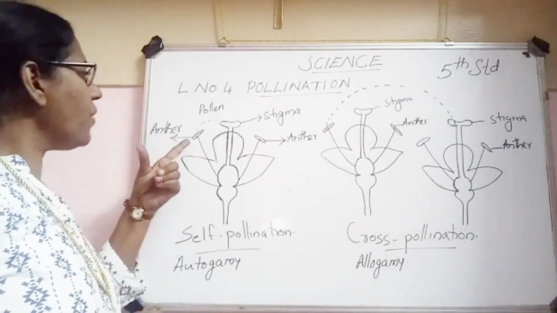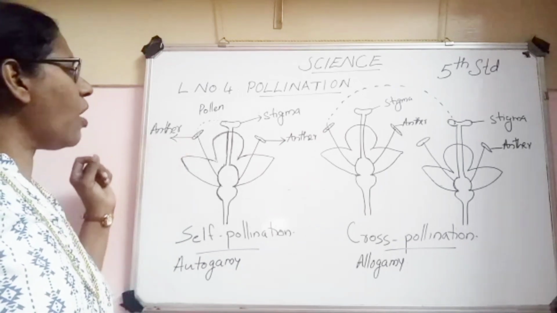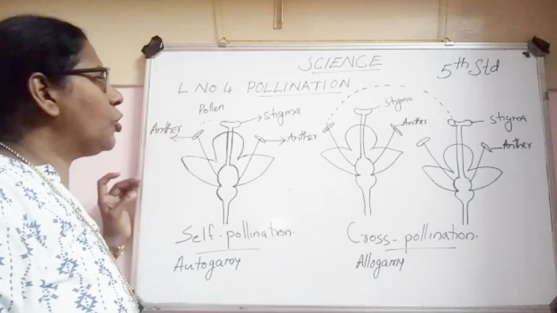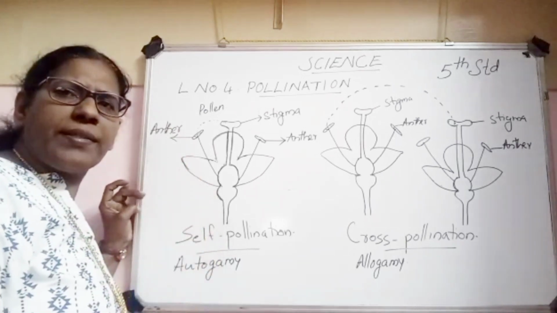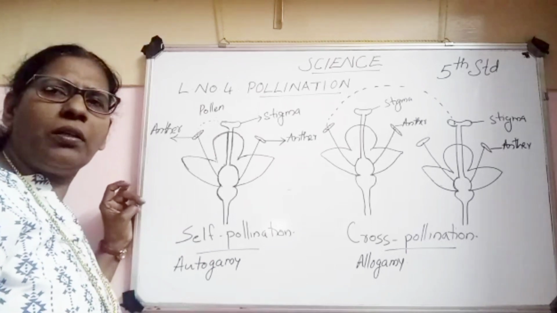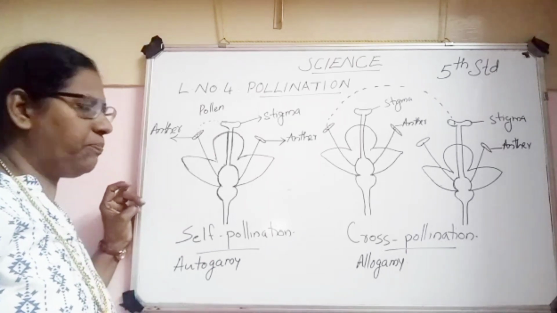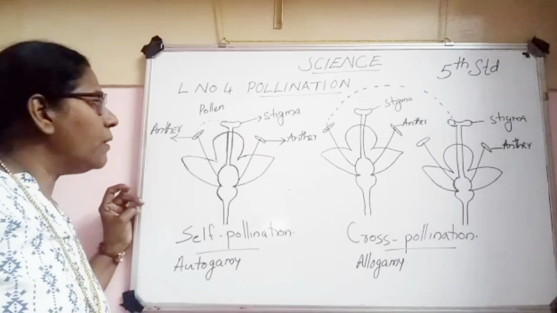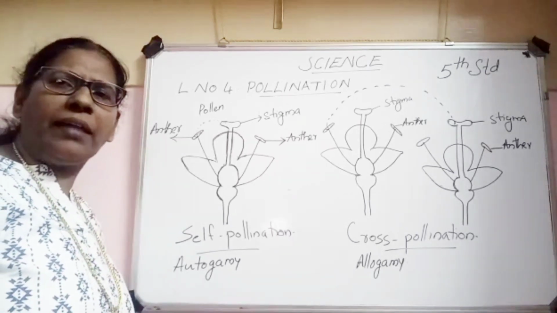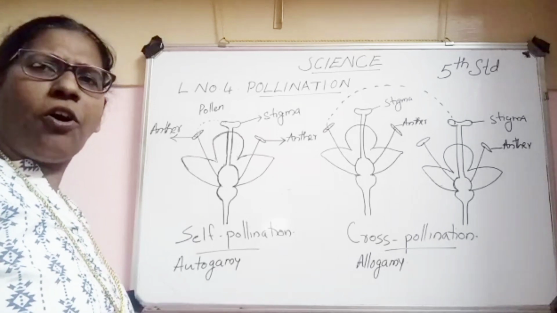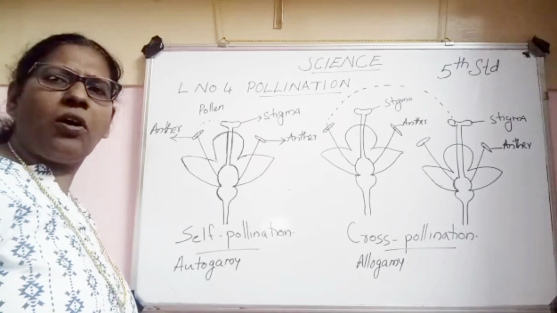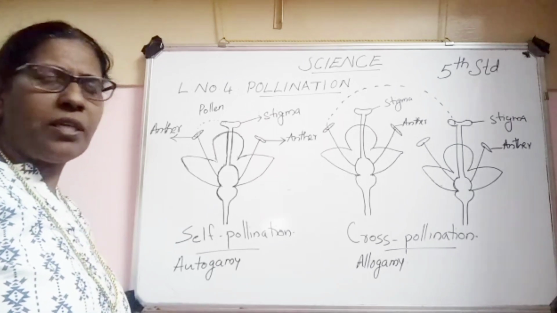The process of transfer of pollen grains from the anther to the stigma of the same flower of the same plant is called self-pollination. I repeat, the transfer of pollen grains from anther to the stigma of the same flower of the same plant is called self-pollination.